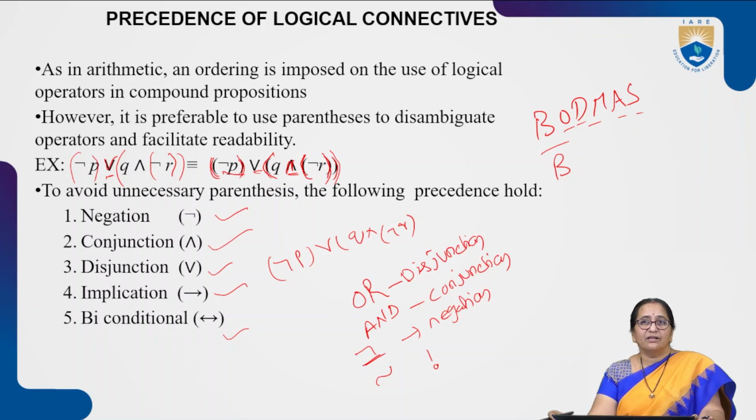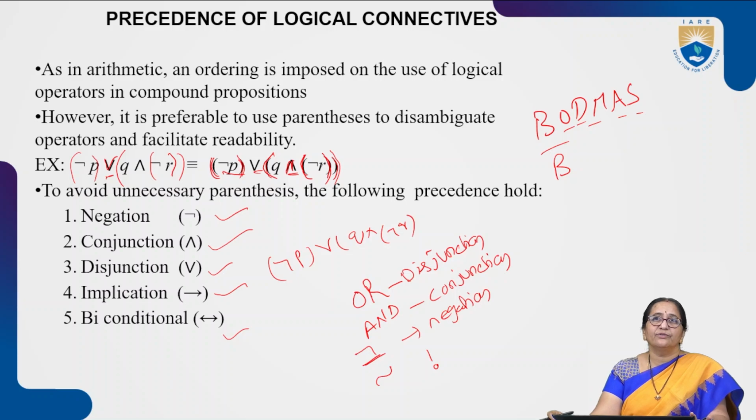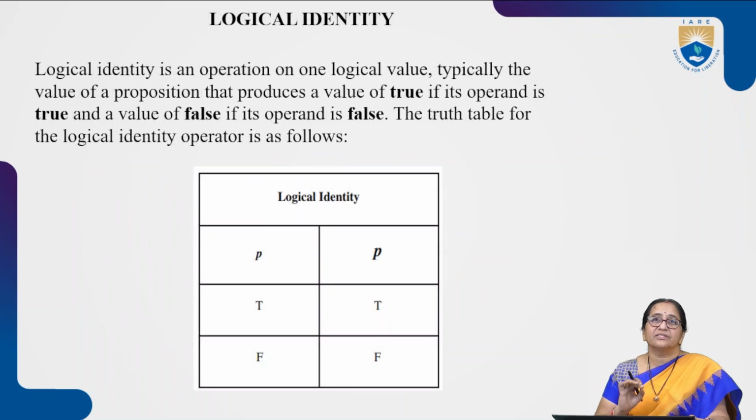Similarly, in propositions we need to follow a precedence for all our logical connectives. First we apply negation, next conjunction, next disjunction, the fourth is the implication operation, and the next is the biconditional operation. Like that we apply the precedence of all our logical connectives.